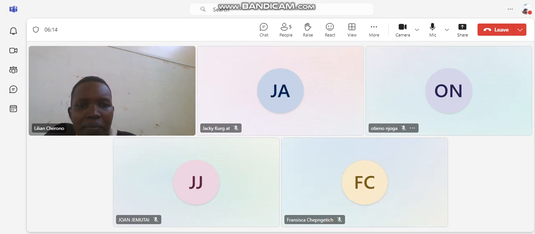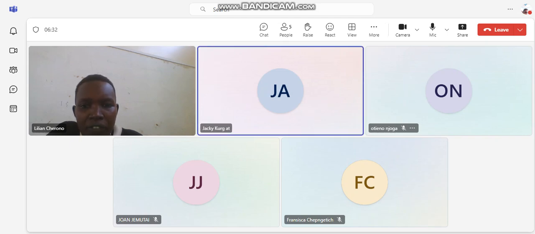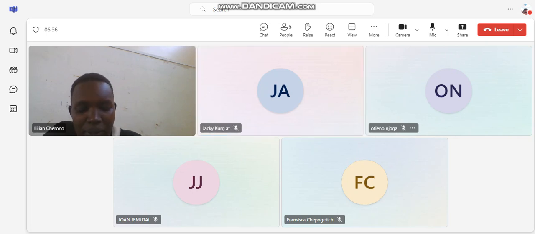So can someone give me the two groups of bacteria based on the cell wall classification? We have gram positive and gram negative. Okay, very good. So we have gram positive bacteria and gram negative bacteria.